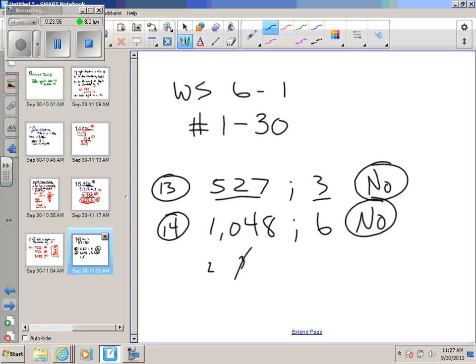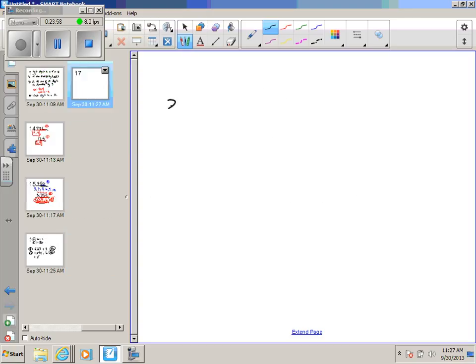All right, now 25 through 30. Now this section is going to require that you think, but it's not going to require that you break your brain. You just have to be paying attention to what they're asking. So number 25, what they want is a 3-digit number divisible by 2 and 9.